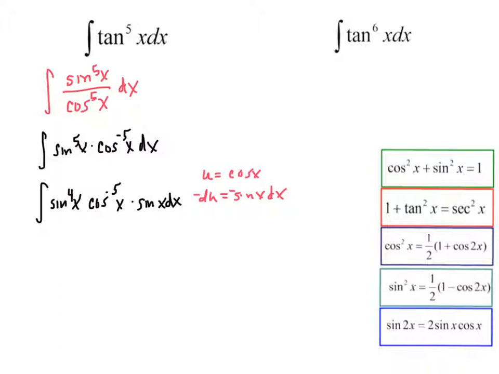But then sine to the fourth I can rewrite as 1 minus cosine squared times cosine to the negative fifth, like that. Oops, I'm missing a term, sorry.